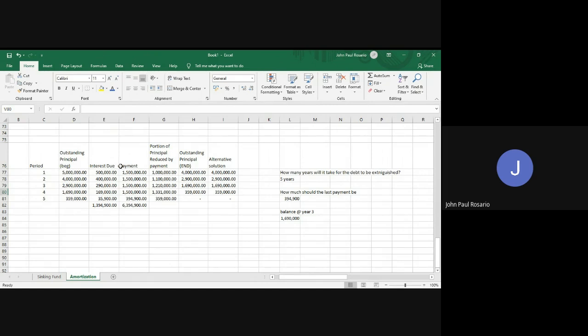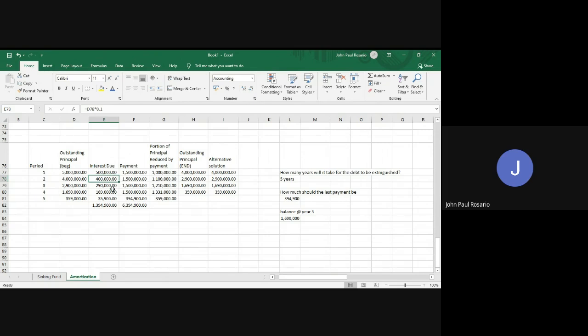Let me see if my table is correct muna guys. Interest due 500. Tapos payment 4 million. Okay.